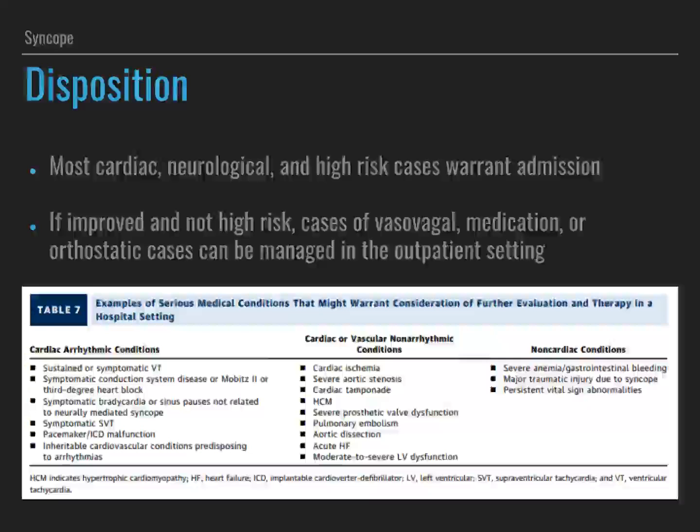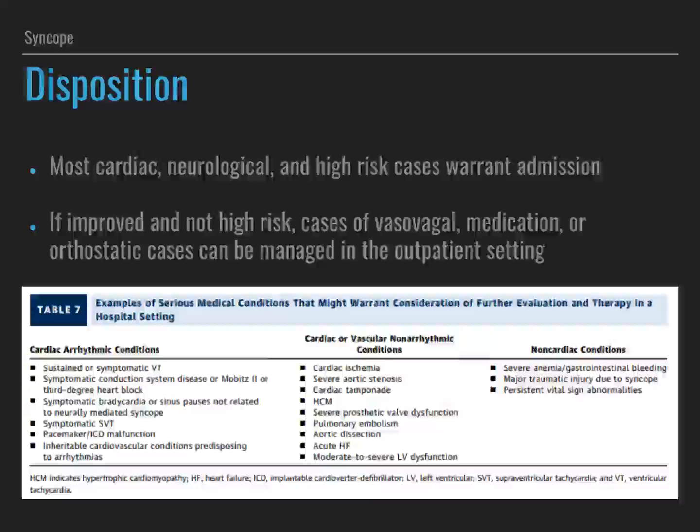Down below this slide here is a table taken from the guidelines from the American Heart Association, and this is just a discussion of concerning causes of syncope that they would recommend admission and further evaluation for. And so you can see here, these are symptomatic arrhythmias.